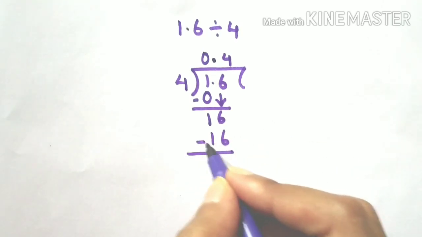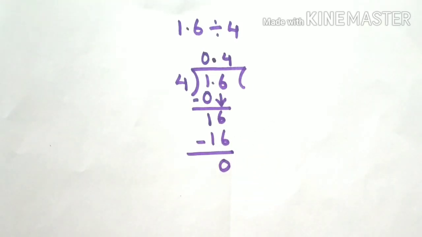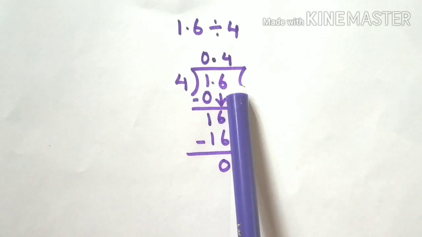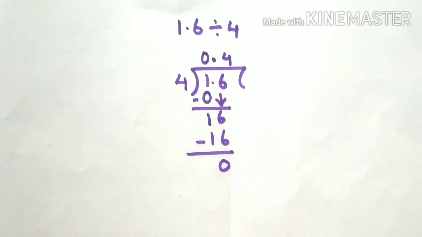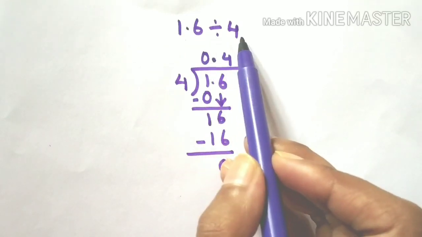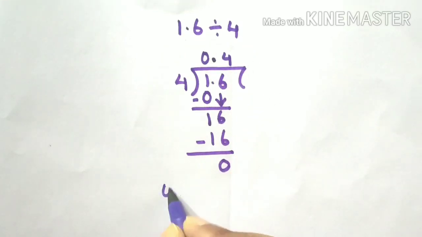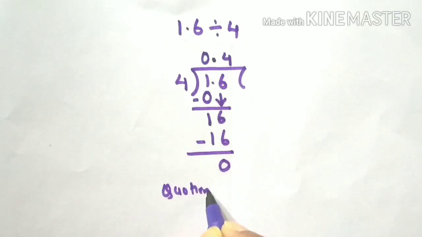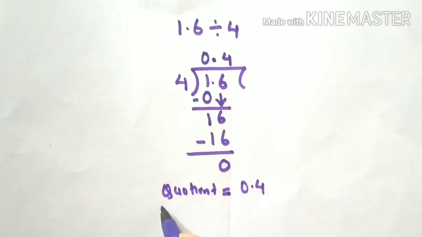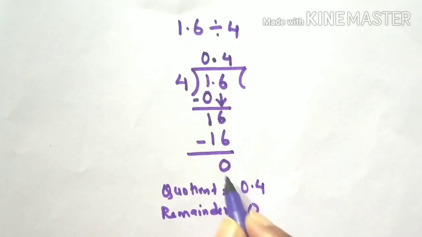So when we subtract them, we get 0 remainder. Now students, since there is no more digit in the dividend, the division is over. So when we divide 1.6 by 4, we get the quotient as 0.4 and remainder as 0.